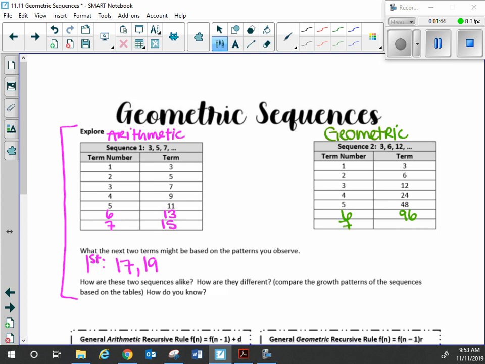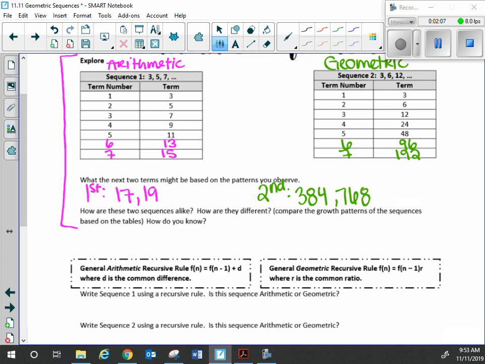And my seventh term was 192. What would my next two terms be? 384 and 768. Good.